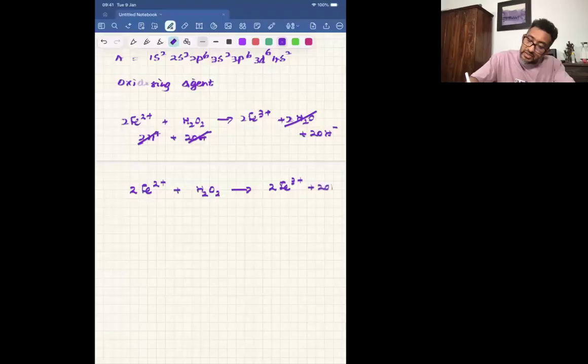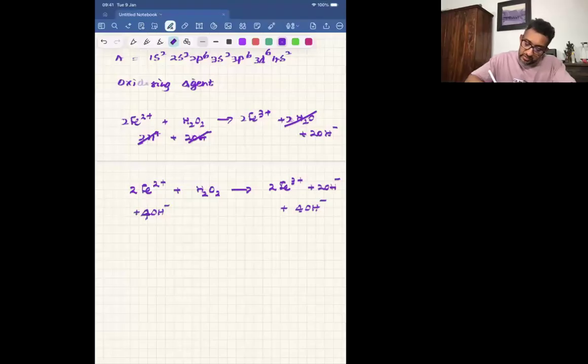That's your reaction. But then you might say it is not Fe2+, it is ferrous hydroxide. So let us add hydroxyl to make ferrous hydroxide. 2 times 2, 4 hydroxyl. Let us add 4 hydroxyl to this side also.